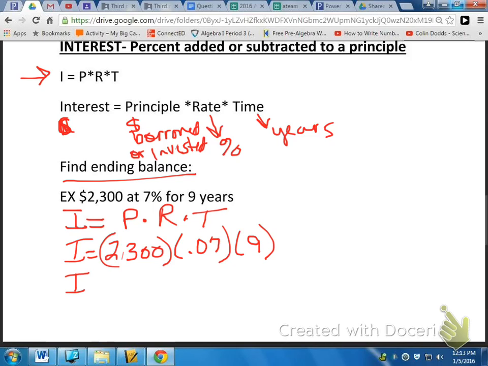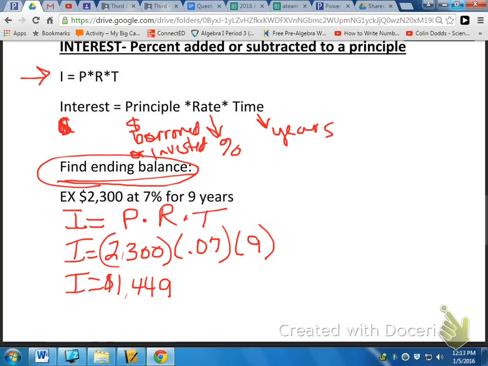This time they did give us years, so you are going to put in 9, and you multiply all that together, 2,300 times 0.07 times 9. That's $1,449. That's the amount of interest, but look what they want us to find right here. The ending balance. In other words, if you borrowed $2,300, you're paying back a lot more than that.